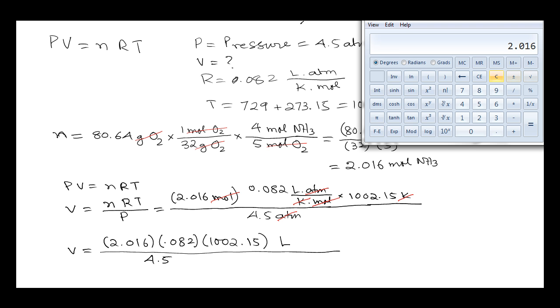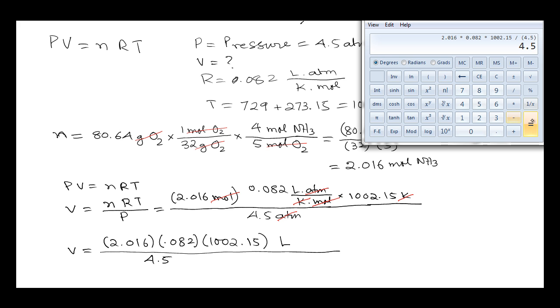Now let me clear that. We have 2.016 times 0.082 times 1002.15, and then divided by, let me put in parentheses, 4.5.